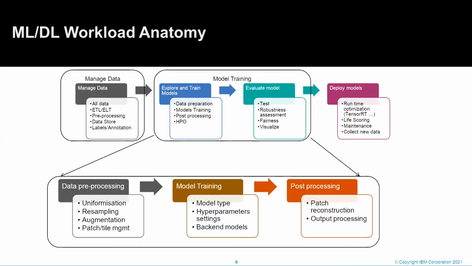It could be embedded devices or smaller GPUs than the one you've trained your model on. You also have to consider the life scoring and the maintenance of your model. Think about a feedback loop to monitor the performance of your model and eventually gather other data to retrain it again, and so on.